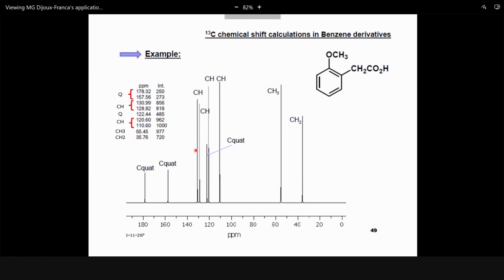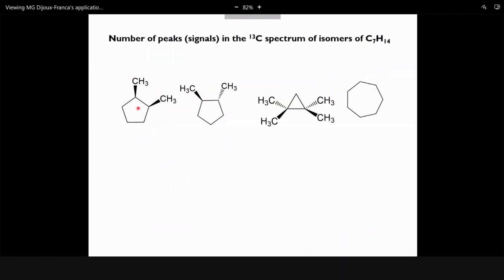Especially for the carbons that are close in chemical shift, we can choose and assign which one is which compared to the theoretical value. For an aromatic ring this is not very easy, but this calculation could help a lot.